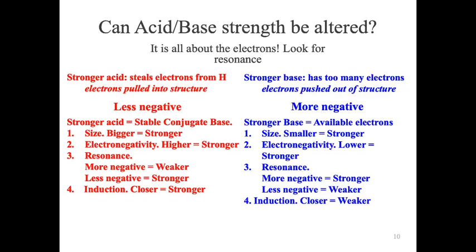You'll note charge isn't up there because at this point, charge tends to not be the answer. We're advanced enough that you stop losing that one. But charge does preempt all of these, followed then by size, electronegativity, resonance, and induction. You notice I did not include the last category, which is the catch-all for everything else.